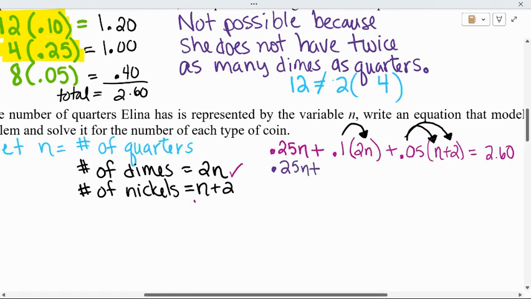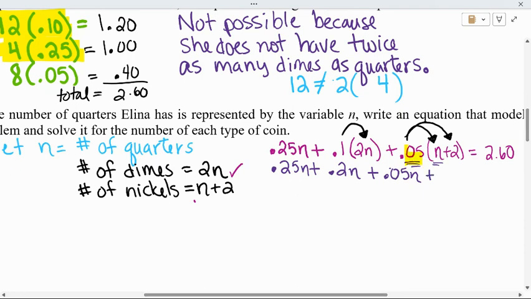If you have a calculator, someone tell me what 0.1 times 2 is. It's 0.2n. So 0.1 times 2 gives me 0.2n plus. Now I need to know what 0.05 times n is. That's 0.05n plus, and now we're doing this piece.